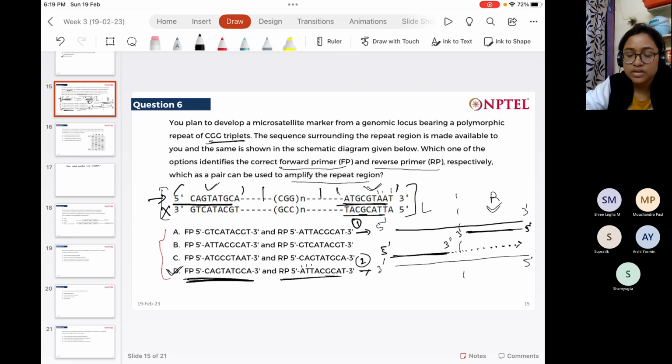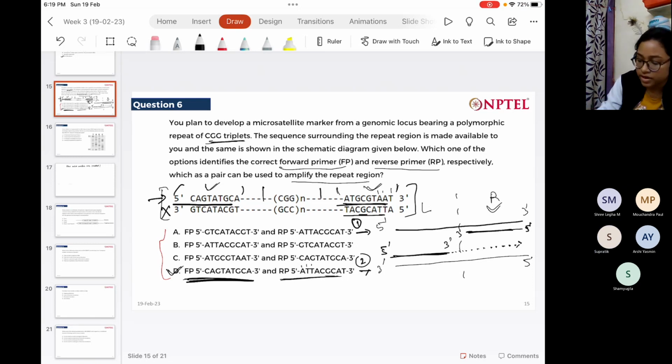Can you reframe it and tell the question again? Suppose the synthesis of DNA always takes place from 5 to 3. So is it the reason why the primers are added at the 5 prime end, whether it is the leading or the lagging strand?